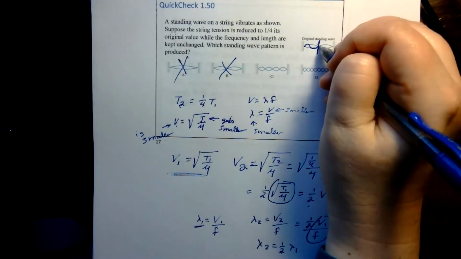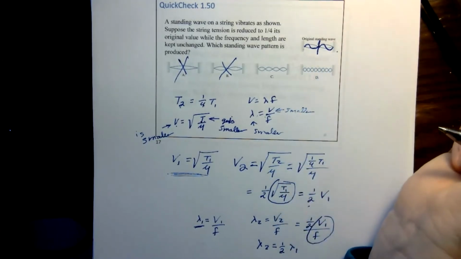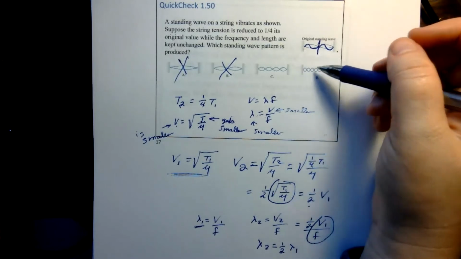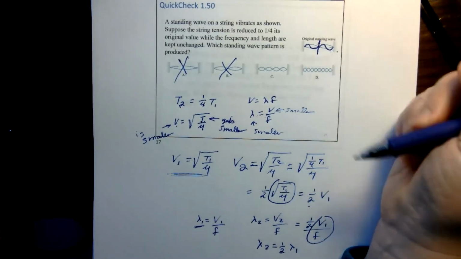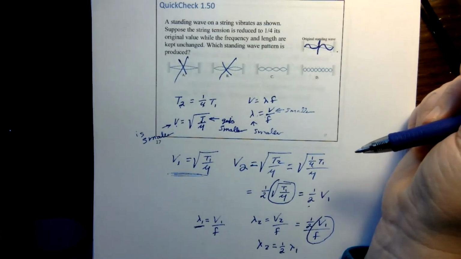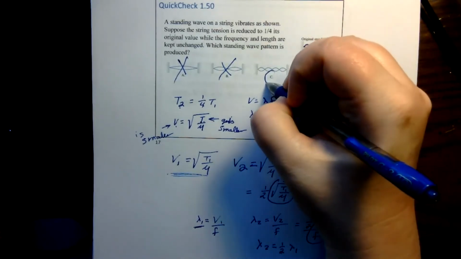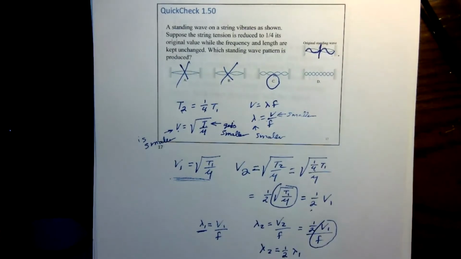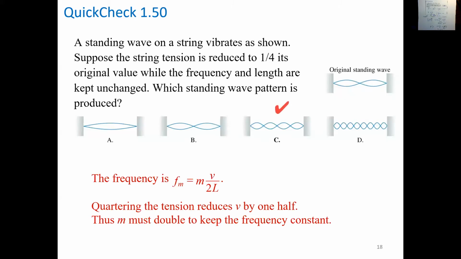It's going to look something like this, to be half the wavelength, which means we should have 1, 2, 3, 4 bumps in there, which means our answer has to be C. And if we go back to our slide, we will indeed see that our answer is C. Okay, so if we quarter our tension, we change our velocity by 1/2.